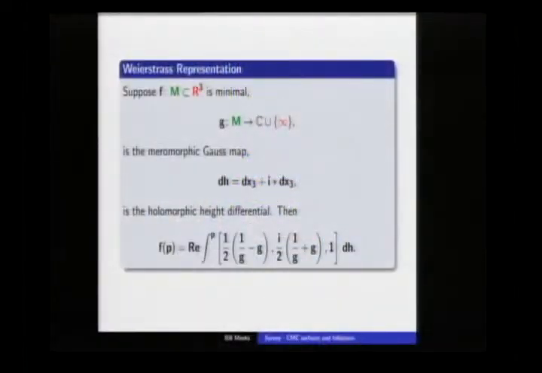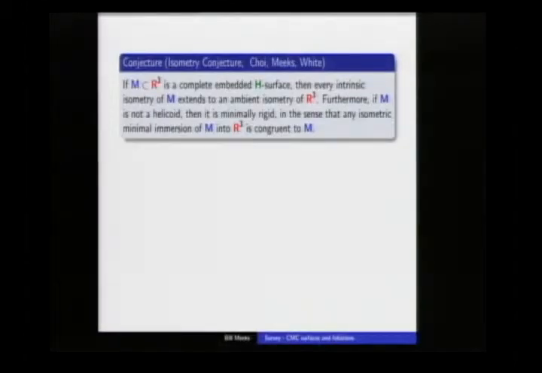The flux is related to the previous thing, it is related to the periods here. So the claim is that the helicoid is the only complete embedded minimal surface in R3 with zero flux. It's the only complete embedded minimal surface in R3 such that an associate surface is well defined.